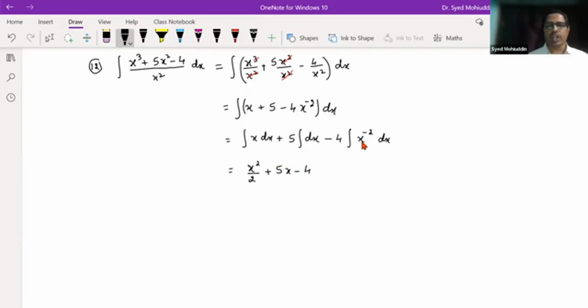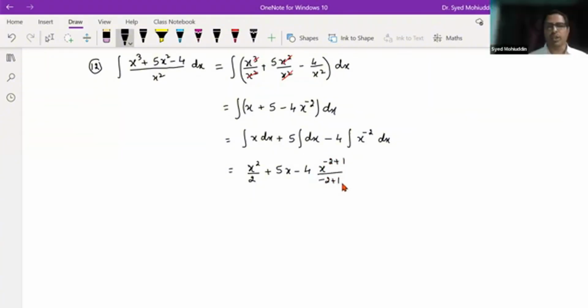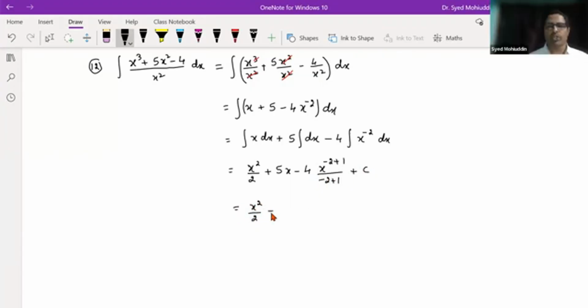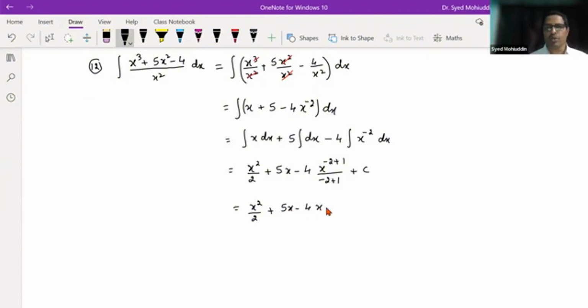Now again it is in the standard form x power of n. So it will be x power of n plus 1 divided by n plus 1, where n is minus 2, plus c, which is nothing but x square by 2 plus minus of 1 divided by minus of 1 plus c.